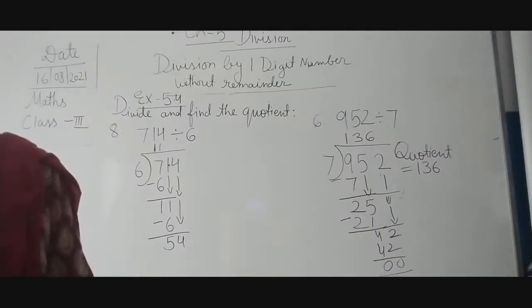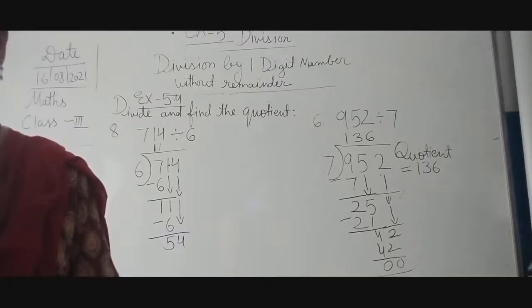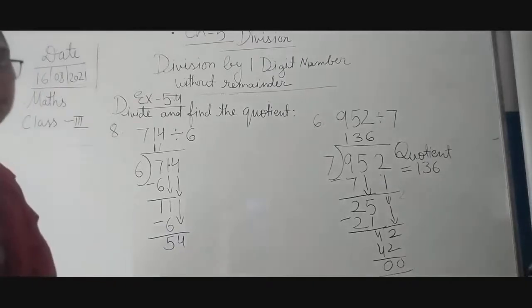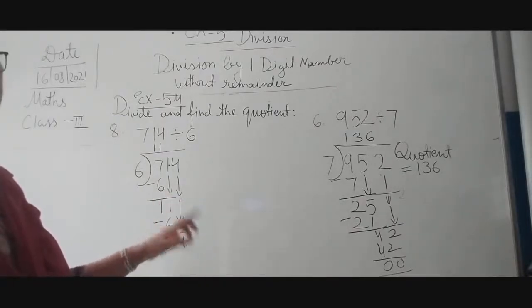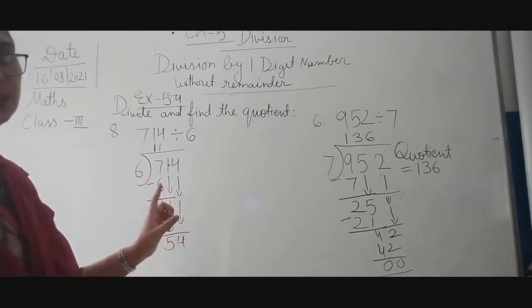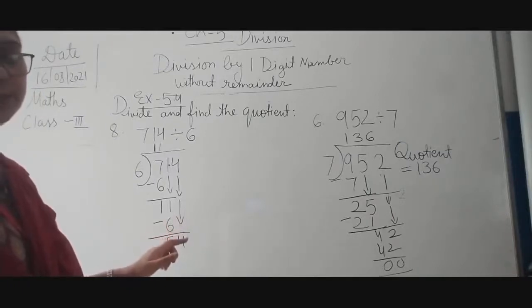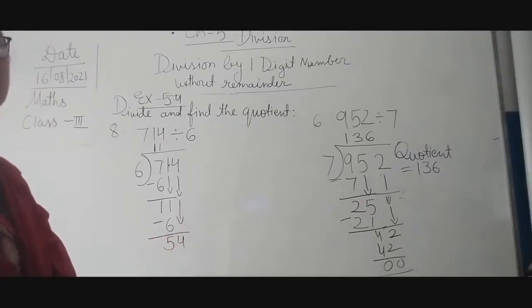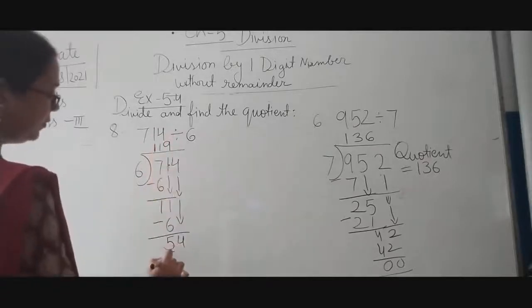So children, let's start telling the table of 6. 6 ones are 6, 6 twos are 12, 6 threes are 18, 6 fours are 24, 6 fives are 30, 6 sixes are 36, 6 sevens are 42, 6 eights are 48, and 6 nines are 54. 6 nines are 54. So children, 6 nines are 54.